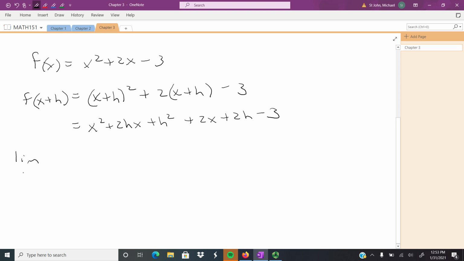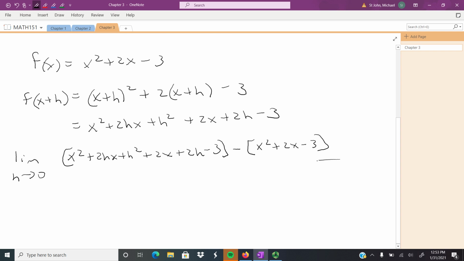So the limit as h goes to 0 of x squared plus 2hx plus h squared plus 2x plus 2h minus 3. So that's the f of x plus h part, minus the f of x part, which is x squared plus 2x minus 3, all divided by h.